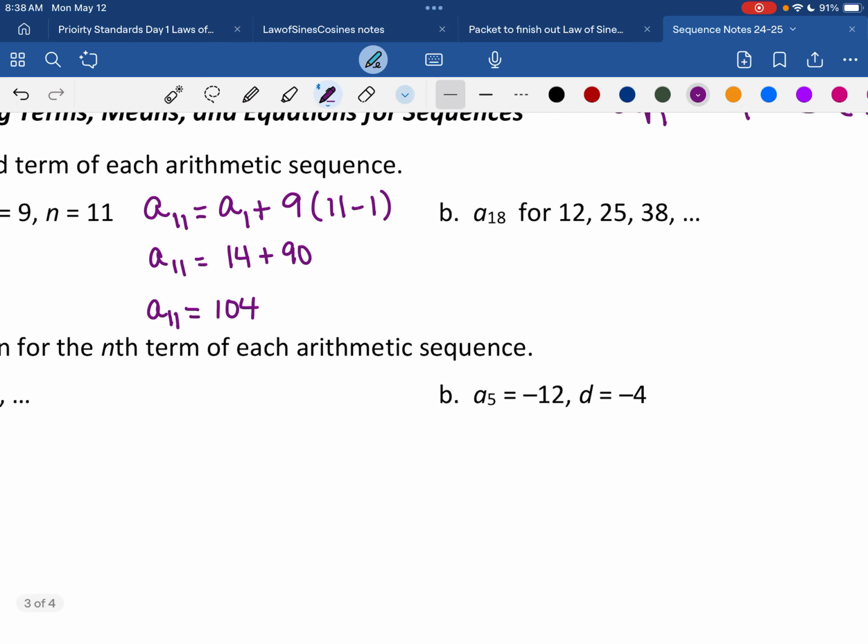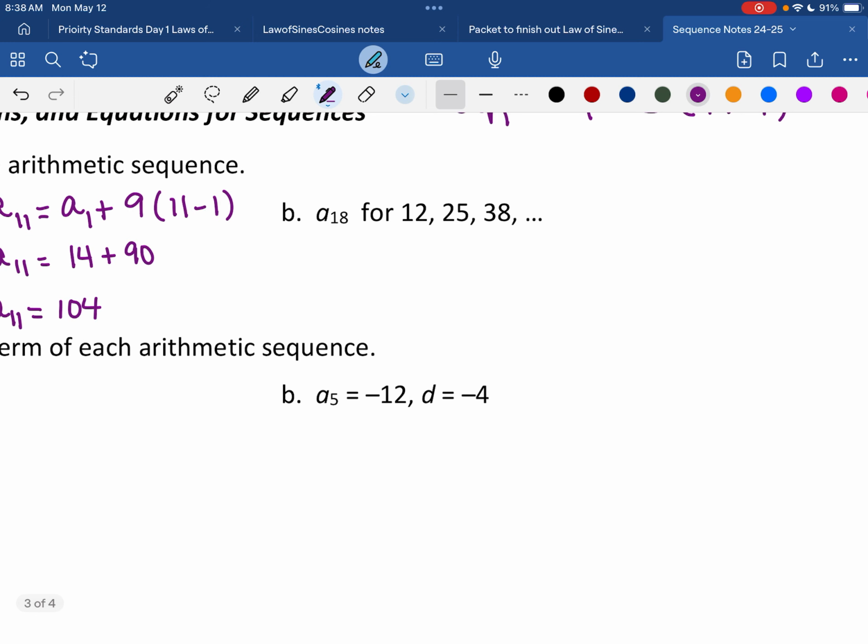So for this next one, this first term is A1. So A1 equals 12. And the difference between the numbers is we're going to add 13 each time, so D equals 13. And then N equals 18 because I want the 18th term. So A18 equals A1 plus 13 times 18 minus 1.